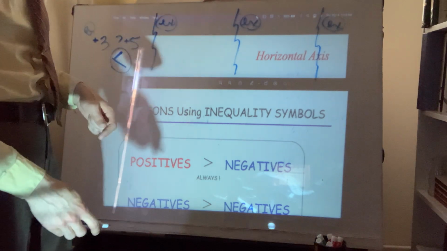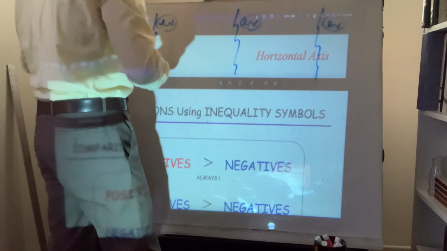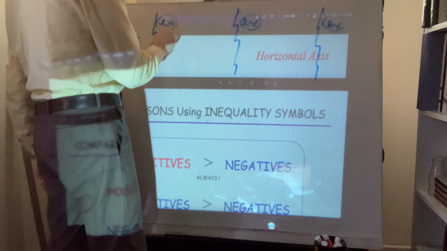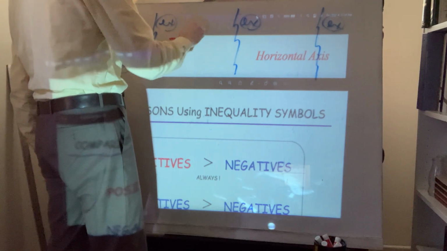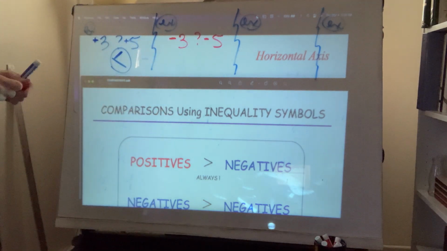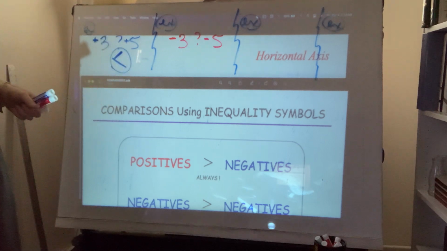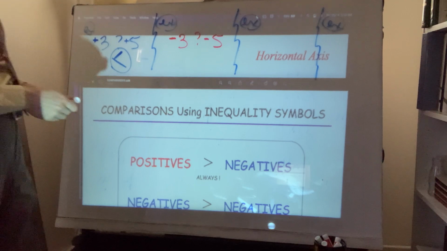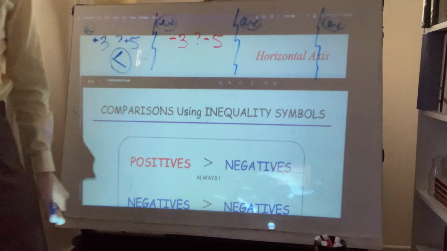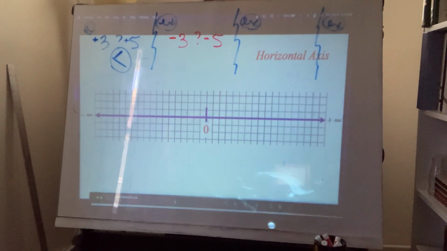What if, on the other hand, you had this situation? Or alternatively, you had negative 3 compared to negative 5. We're comparing 2 negatives at this point. Well, if you look at a number line, and I'll just scoot this down for a moment.